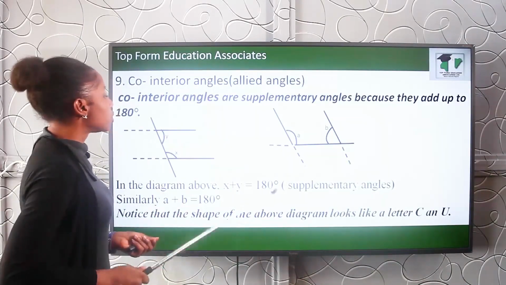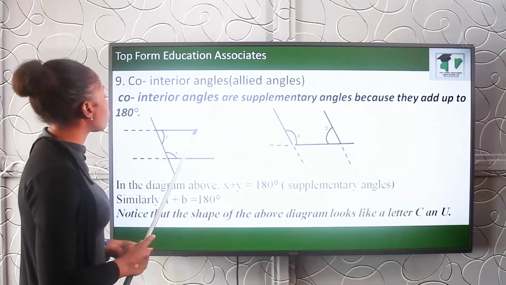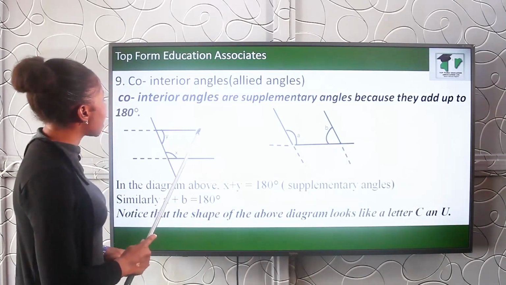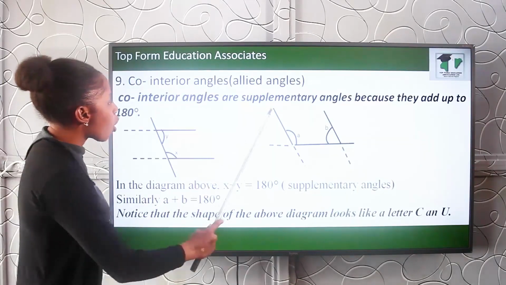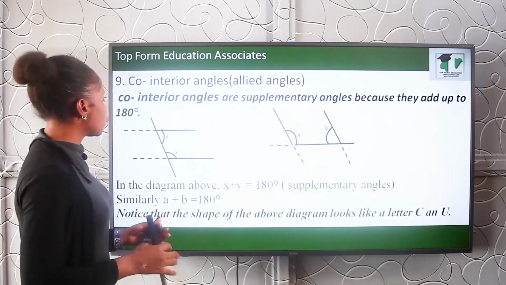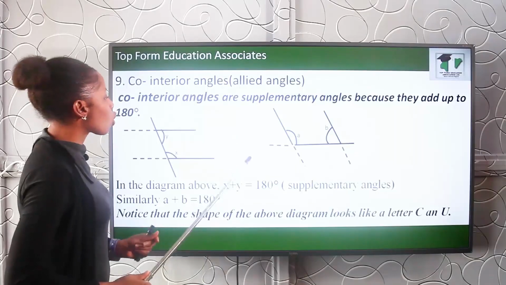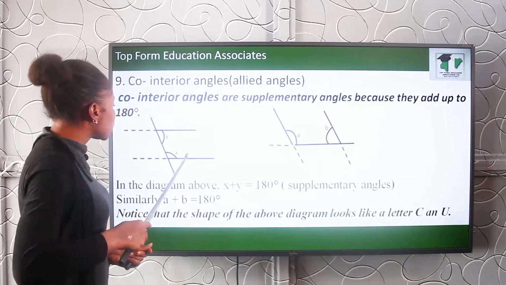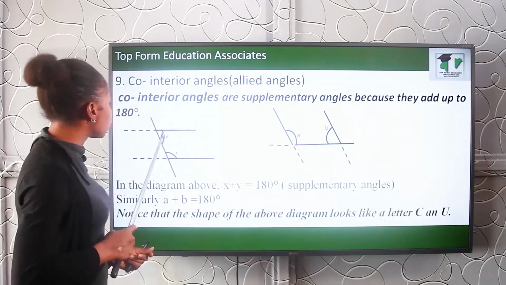Co-interior angles can be easily recognized by looking for the C shape. Now I want you to follow my pointer and look very closely. You can see a kind of C shape or U shape. Let me give you some tips for recognizing co-interior angles. Look for the angles within the frame of the arms of the shape.